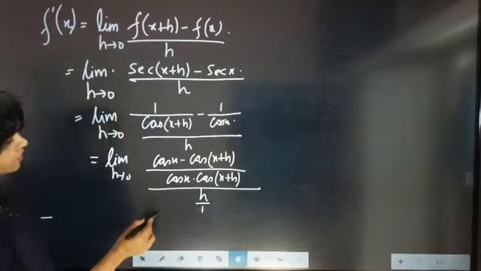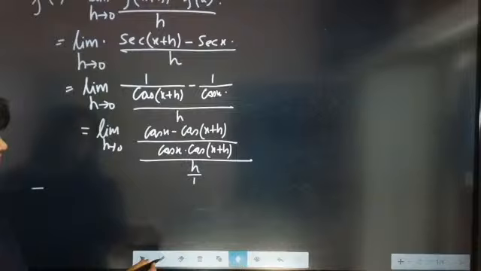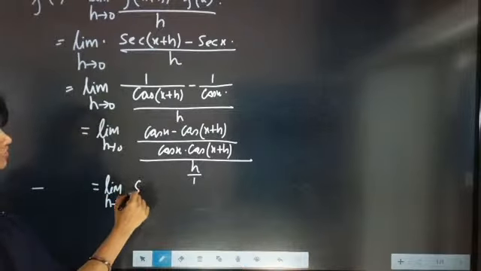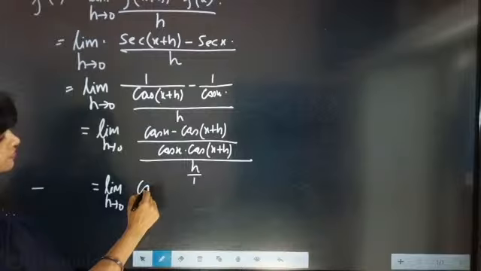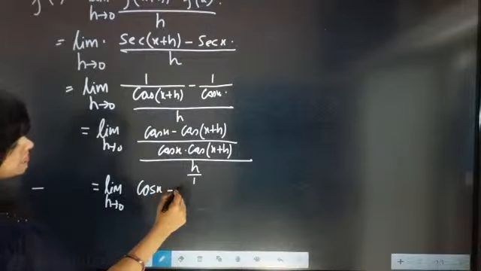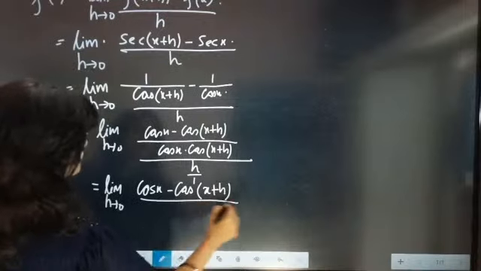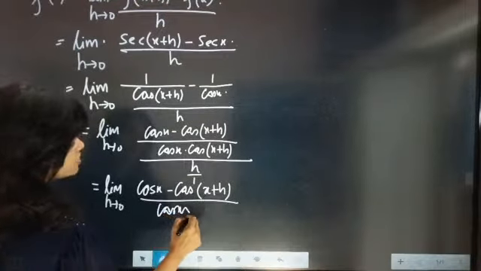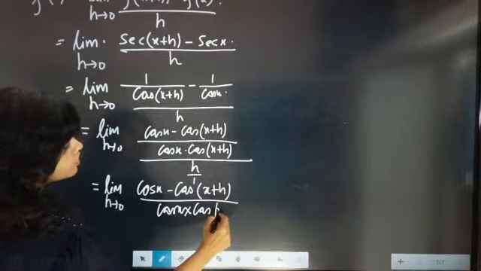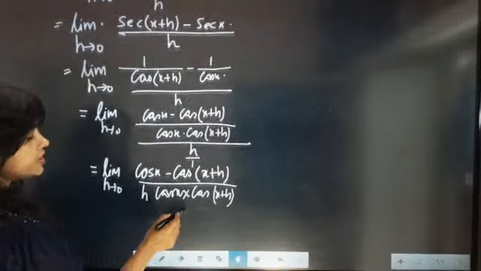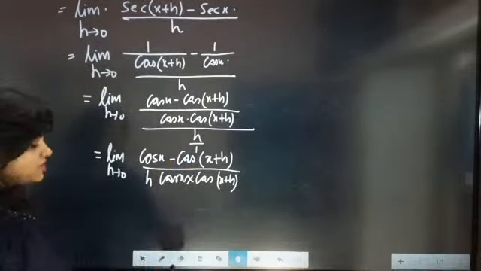So finally what we are going to do, this will go and in turn will multiply. So it will become limit h tends to 0, cos of x minus cos of x plus h by cos of x into cos of x plus h into h. Now the most important thing is that it is coming as the cos a minus cos b formula.